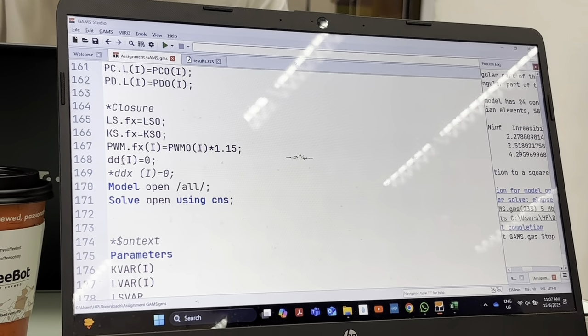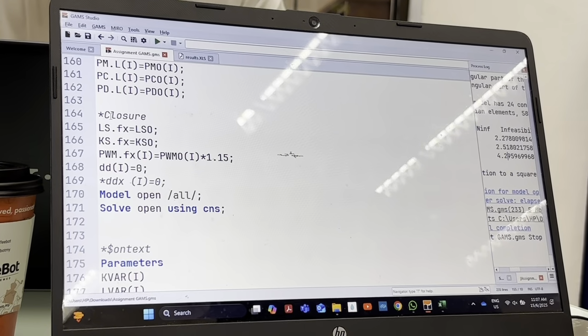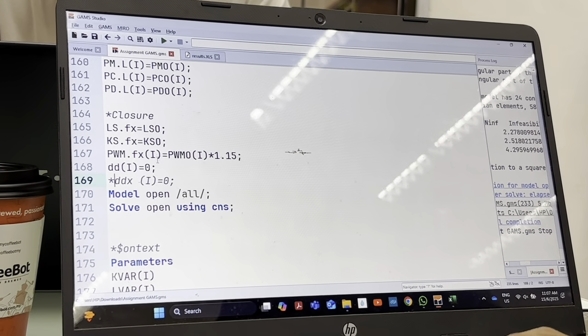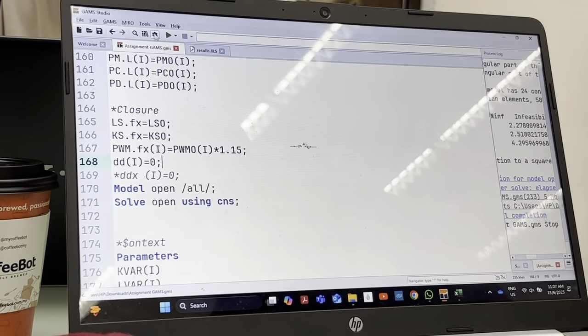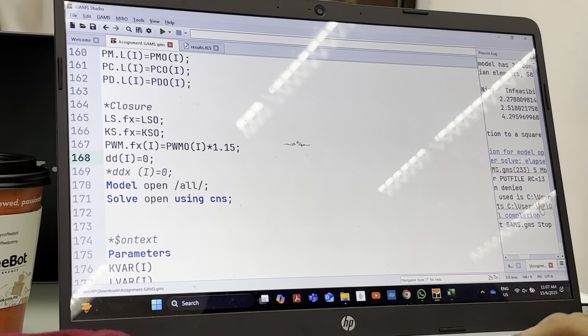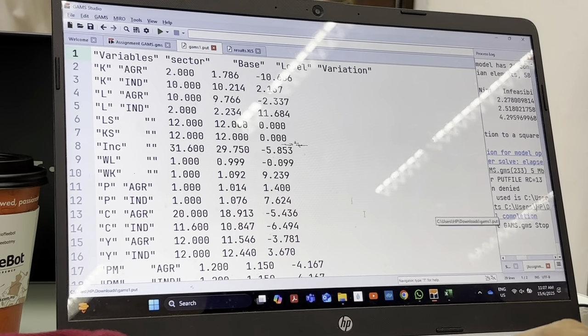We also assume DD is equal to 0, and DDX is based on the calibration value that we mentioned before, that's why we have the star here. So we run this, and then the result will be given here, but this looks messy, right? So we move to Excel.